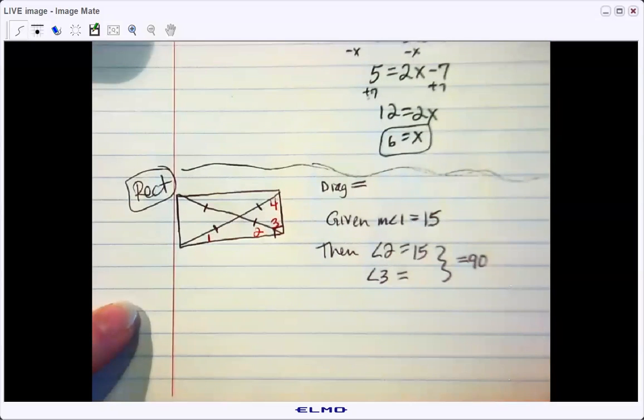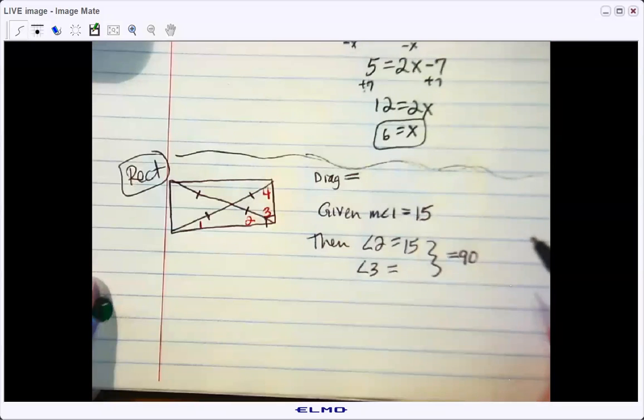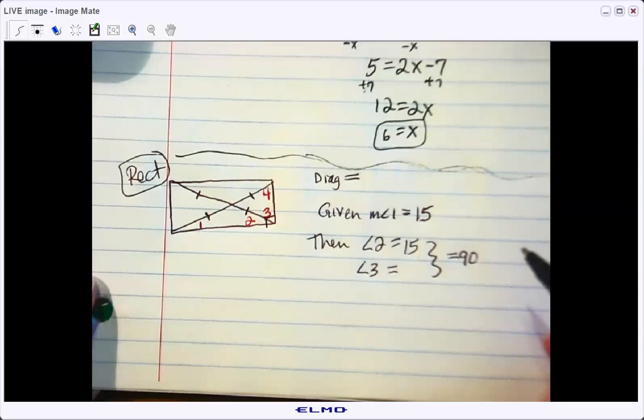So what would that make angle 3? 90 minus 15 is what? 75.